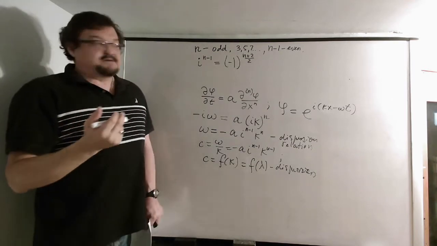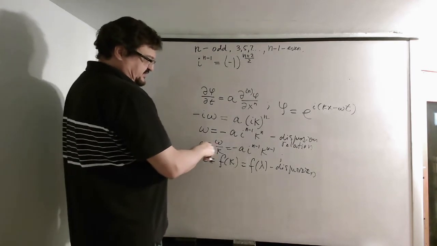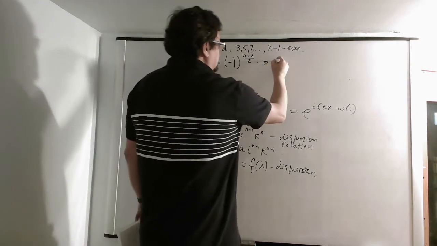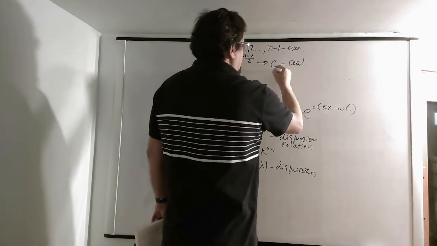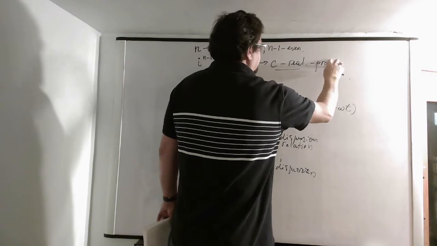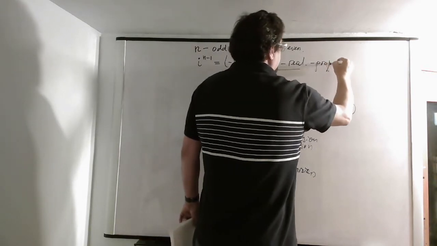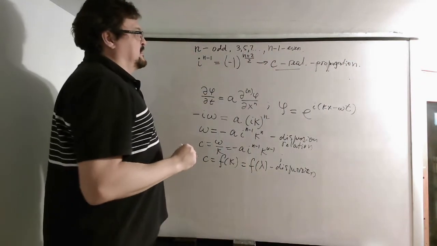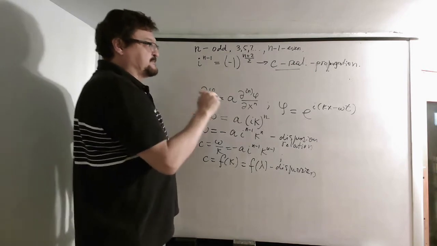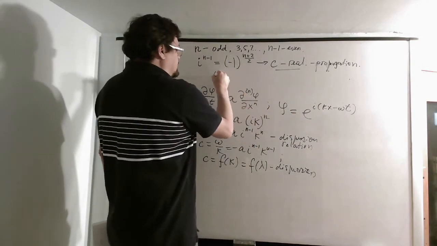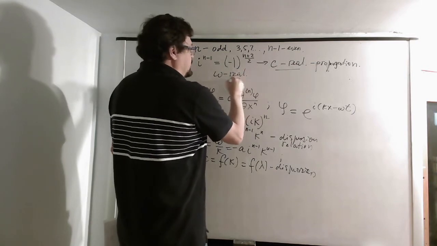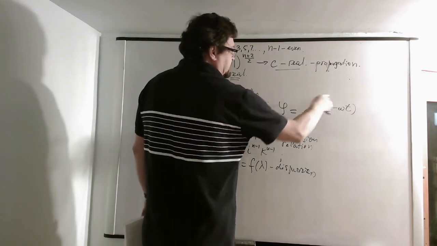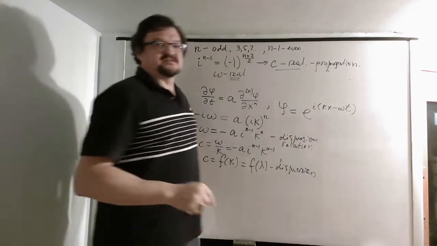So now it's a real number, which means that our dispersion relation, our c, is actually real. It means that these are propagating waves, and omega is real, which means that we still have the same waves. Omega is a real number, so this remains the same and the amplitude doesn't change.